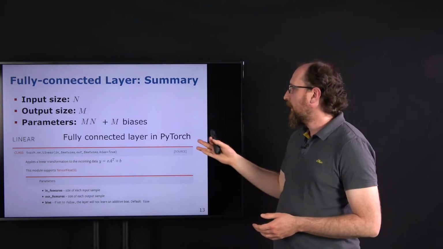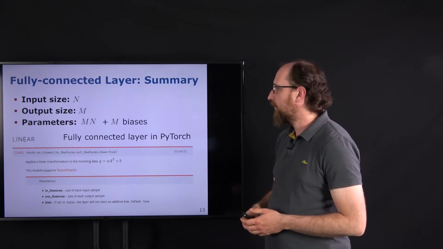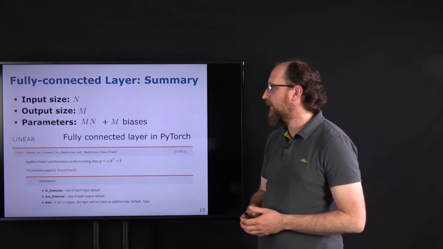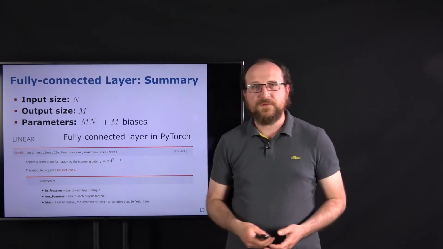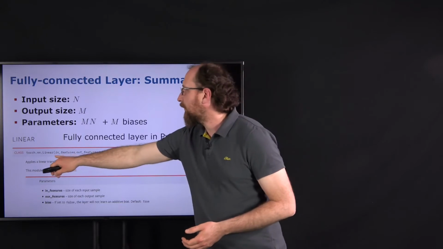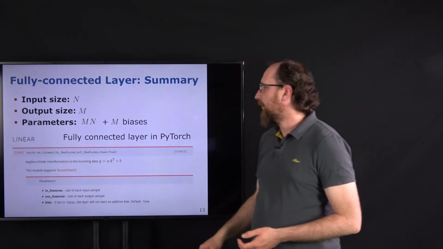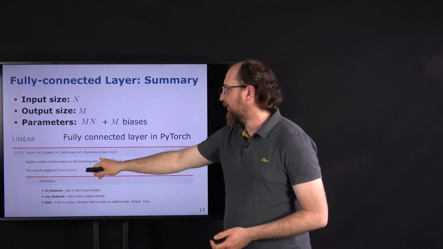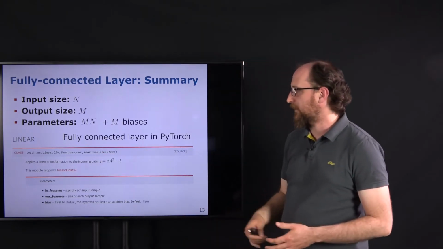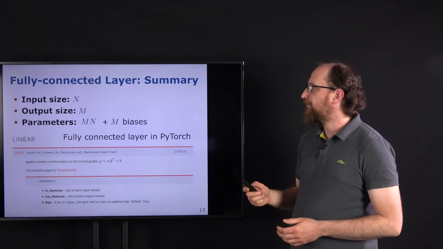The fully connected layer is also implemented in the PyTorch framework, where it's called the linear layer because it's just a linear function in the end. As you can see here, we have the in features, which is basically the n, and the out features, which is basically the m. So these are numbers, and you can even specify if you want to have a bias or not.